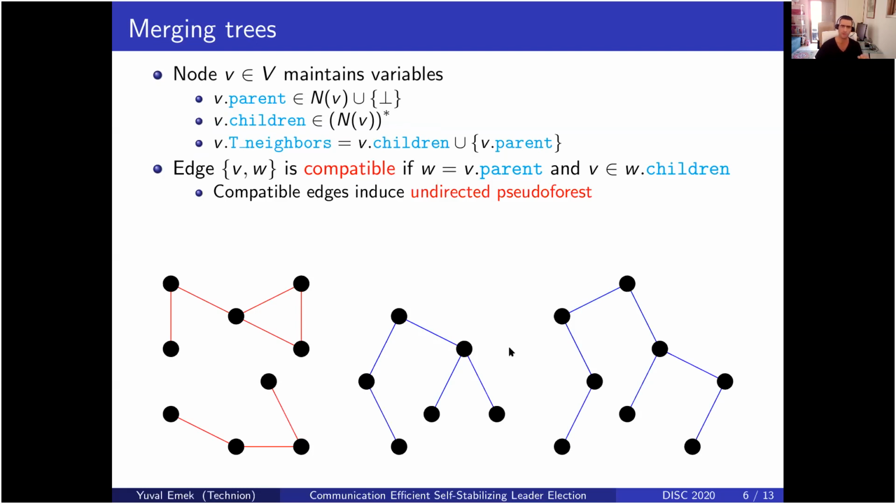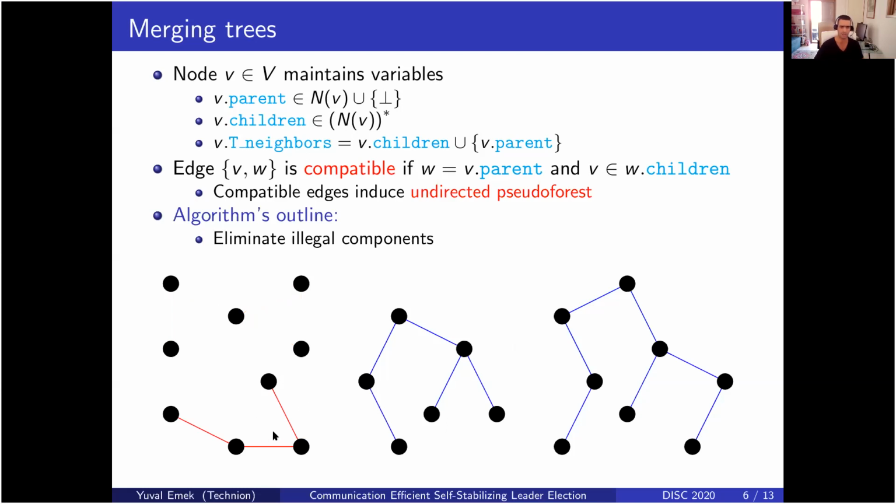Now, the algorithm works as follows. First, we want to eliminate all the illegal components of this undirected pseudoforest. And by eliminate a component, I mean that all its nodes become singleton trees. So this component, for example, is illegal because it contains a cycle. So we would like to get rid of it.